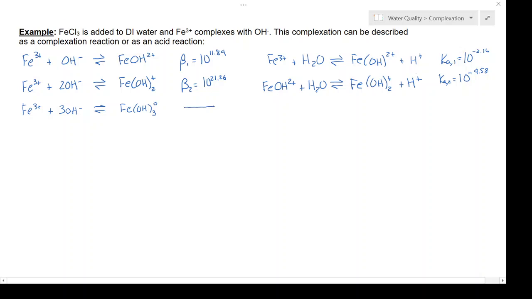So there's no value for that in the table because this species is undefined or insignificant. And so there's no data available on a beta 3 value because the FeOH3 solid is going to form.